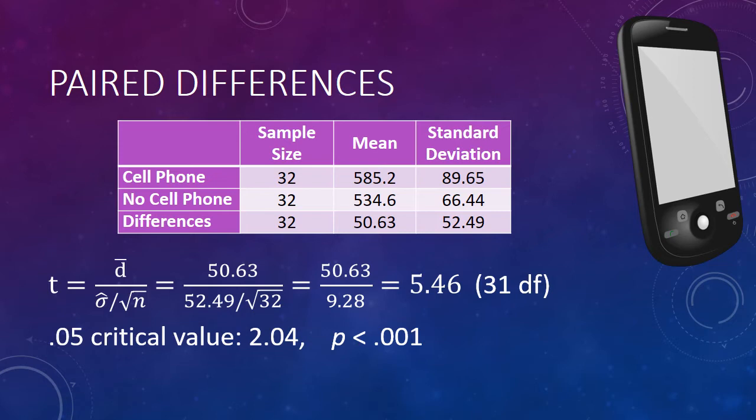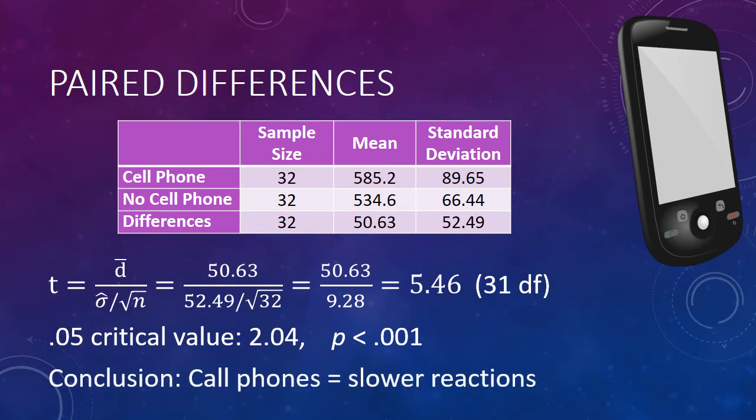That means that if there really were no difference in drivers' reaction times with and without a cell phone, in a very small number of studies, less than 0.1%, we would see at least a 50 millisecond difference in cell phone and non-cell phone reaction times, even though really there were no difference. So we draw our conclusion that using a cell phone while driving seems to cause slower reactions.